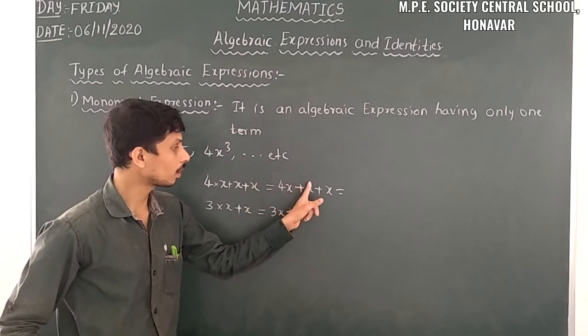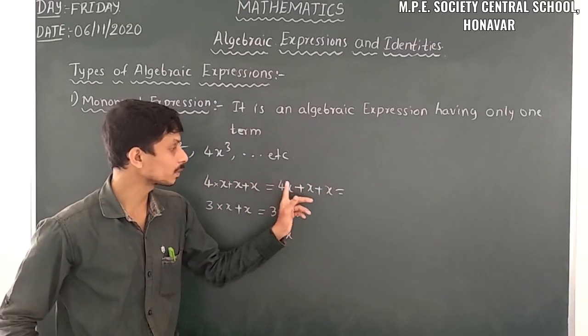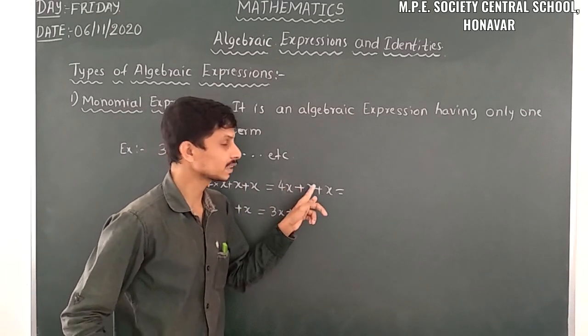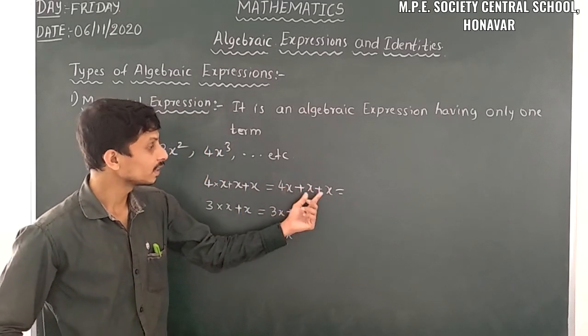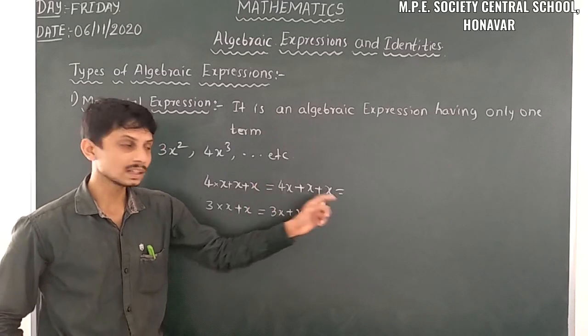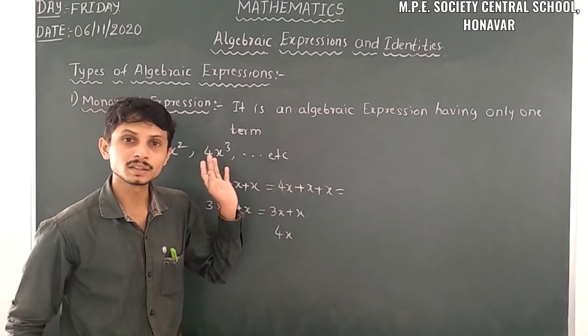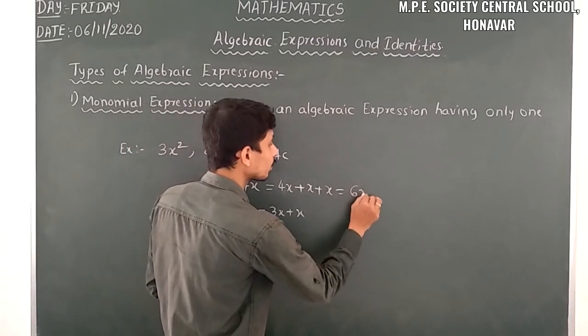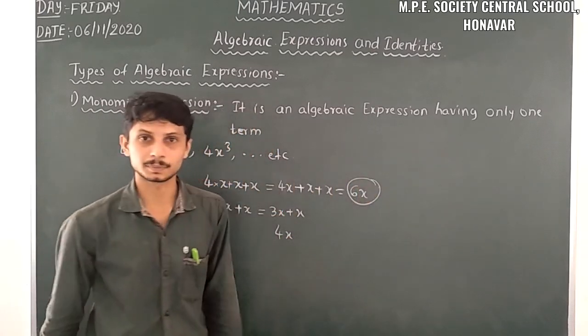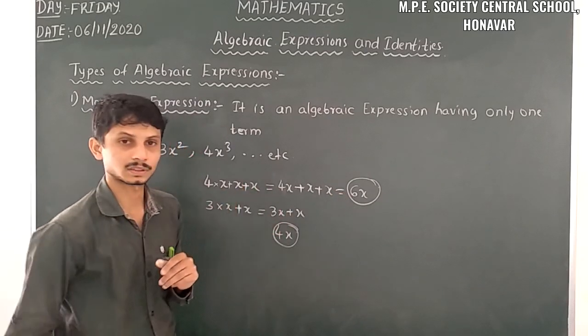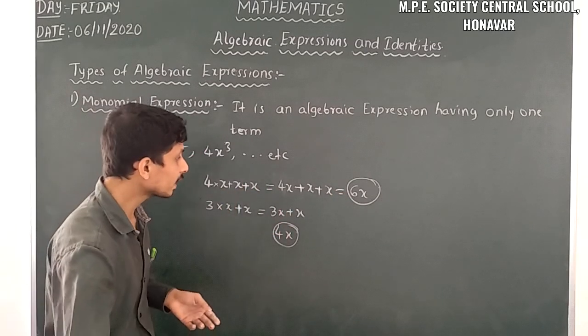That is 4x plus x plus x. When we take out x from these three, 4 remains, 1 remains, 1 remains: 4 plus 1 plus 1, 6. It is 6x, converted into a monomial expression. Yes. Let us take another case.